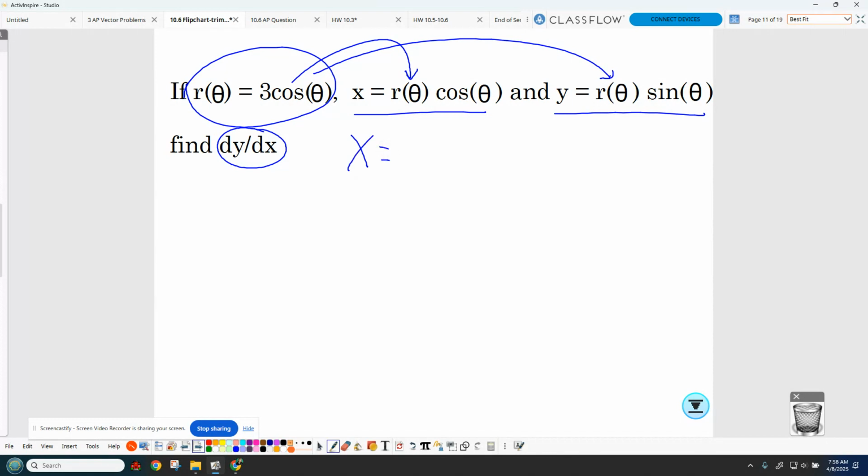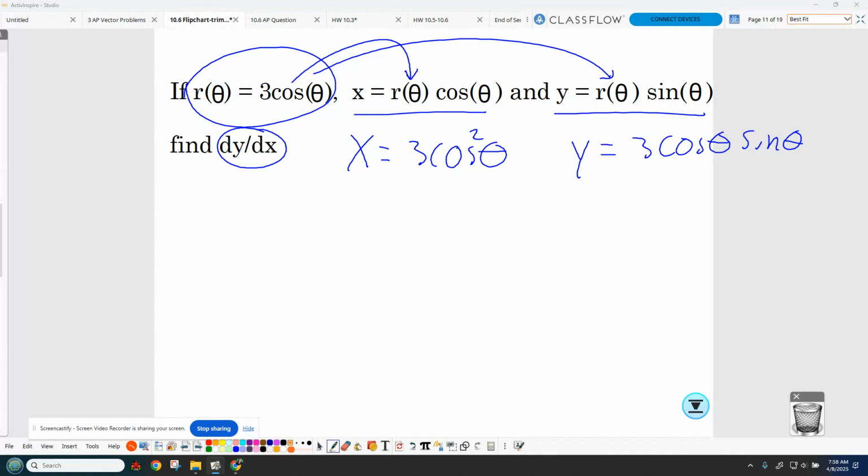So X is going to equal 3 cosine theta times another cosine theta, so can I just say squared? And Y is going to equal 3 cosine theta sine theta? That doesn't really squish up. Okay, that's the first step.